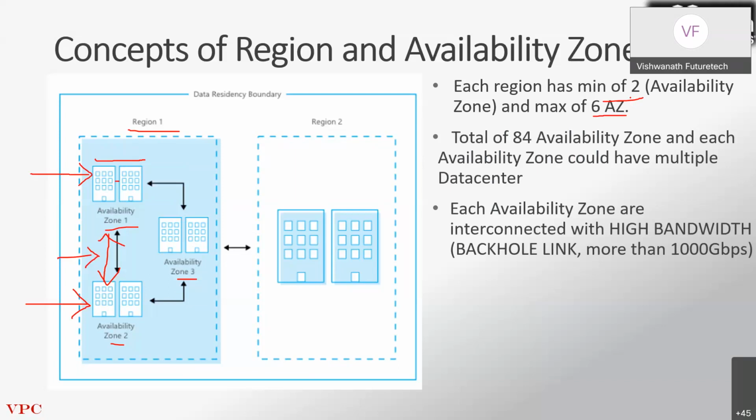We call it a backhaul link, and it could be in terabits per second. Not gigabits. Nowadays we get 1 gig speed at home, right? I'm talking about 20 terabits per second, or 300 terabits per second connection between availability zones. That's great stuff, right?